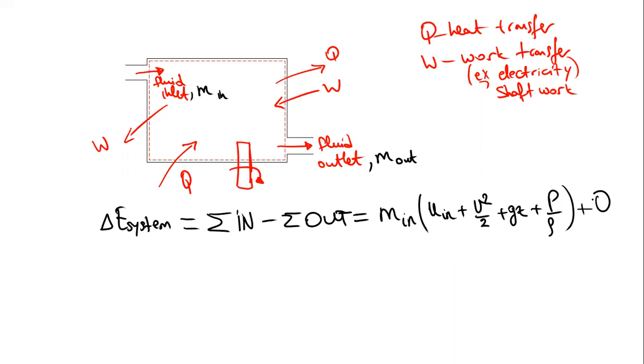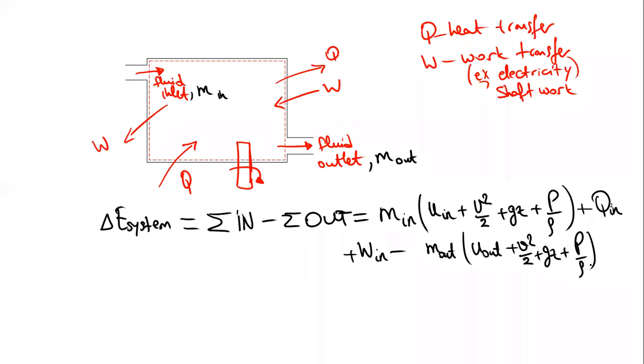And it can bring also the heat transfer into the system. This one can bring the work transfer into the system, and then minus the mass transfer out of the system. Again, it can take internal energy, kinetic energy, potential energy, and pressure energy with itself.